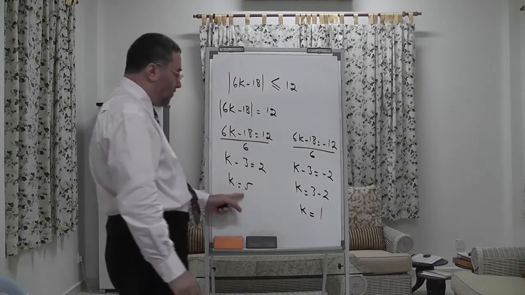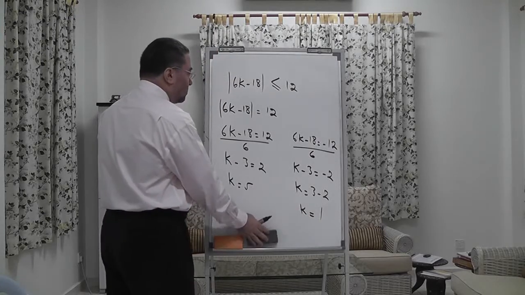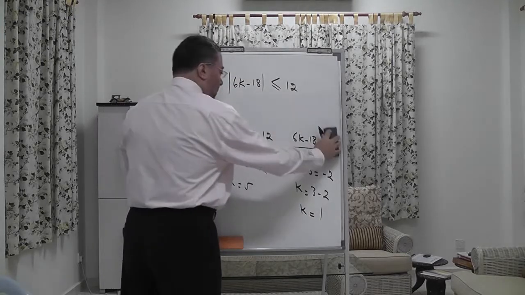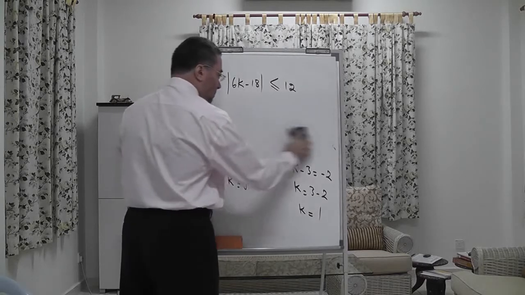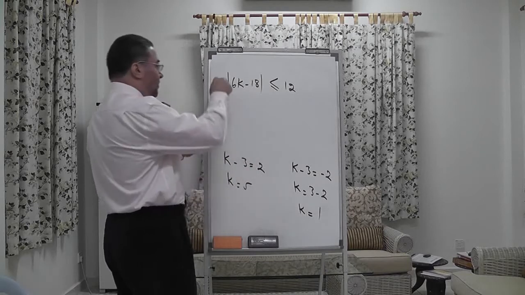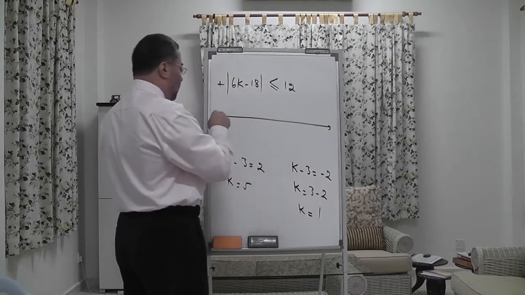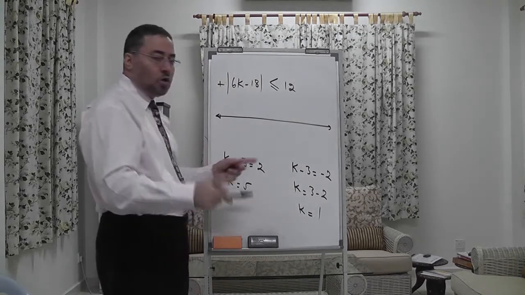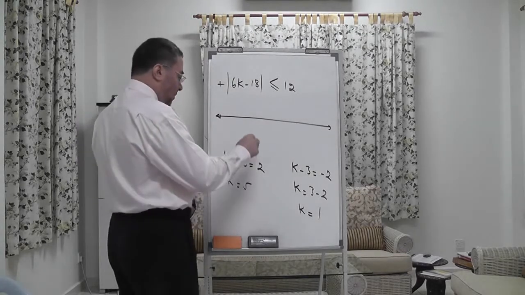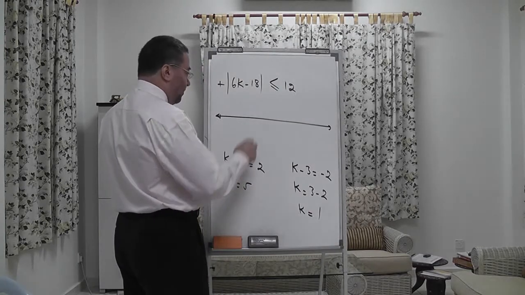So our roots are 5 and 1. Now we look at our absolute. Our positive absolute is less than this number. So the answer is going to be between the roots. So k is going to lie between 1 and 5.